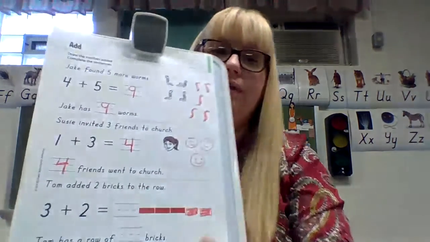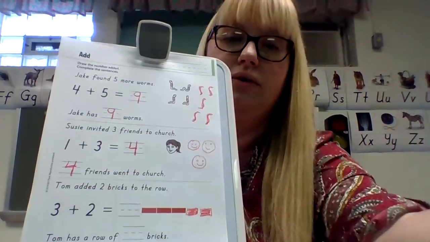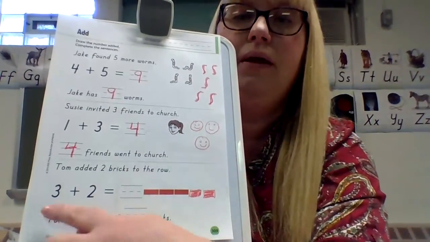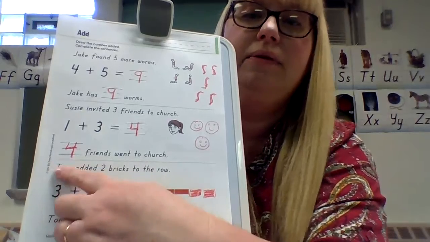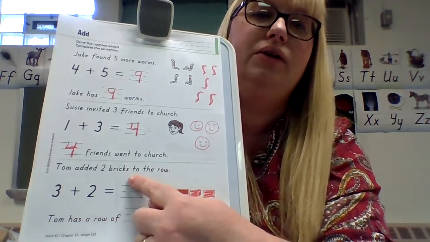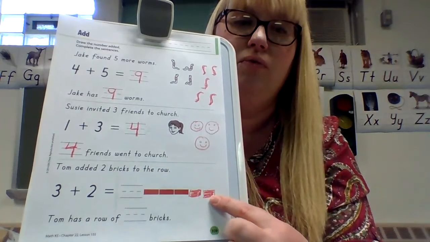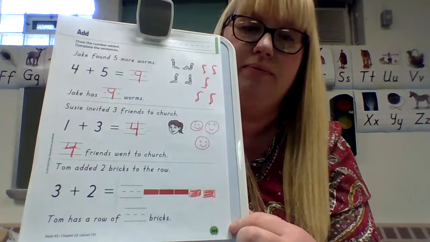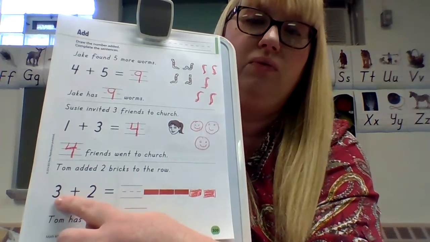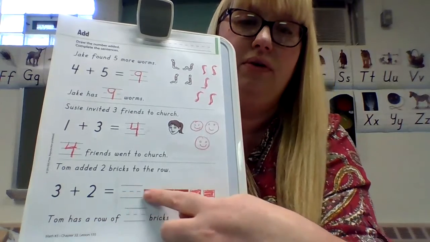Okay, this is what you're doing. You're drawing 2 bricks. So we have 3. Make sure you can read that at the bottom there. Let me read it again. Tom added 2 bricks to the row. This is our row, and you added 2 more. So we have 3 plus 2 equals, we have our 3 and our 2.